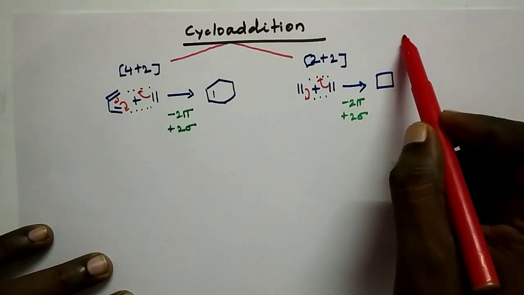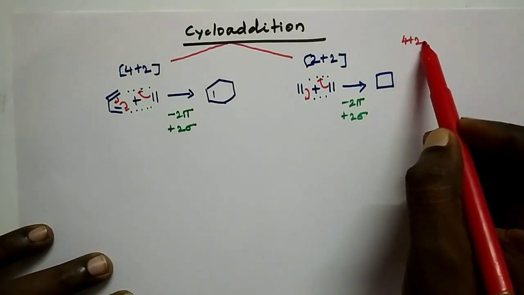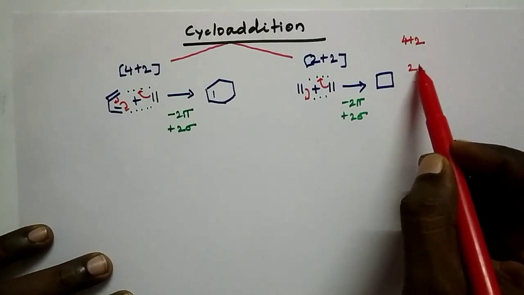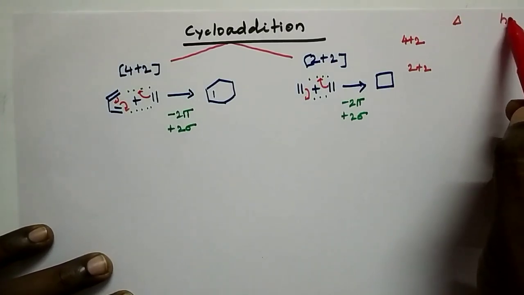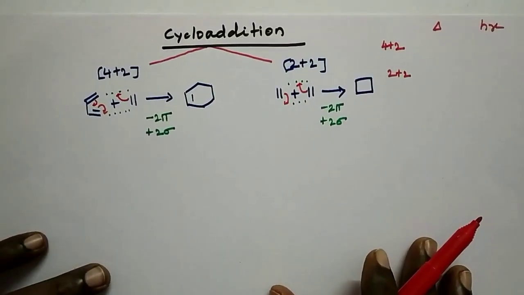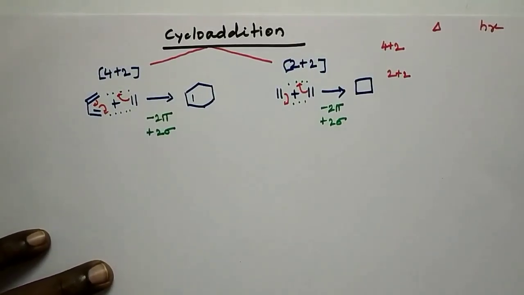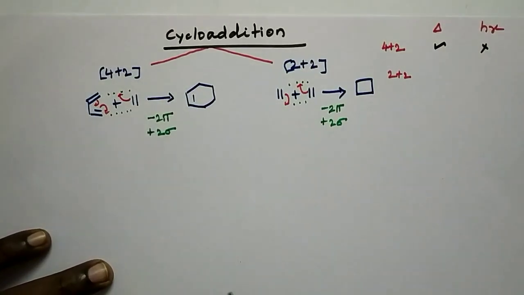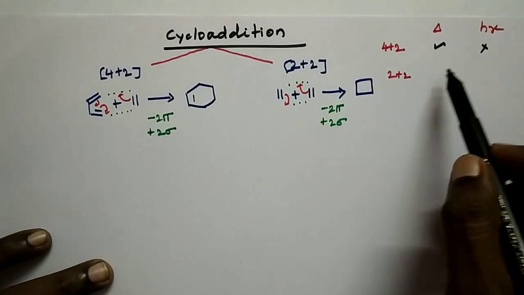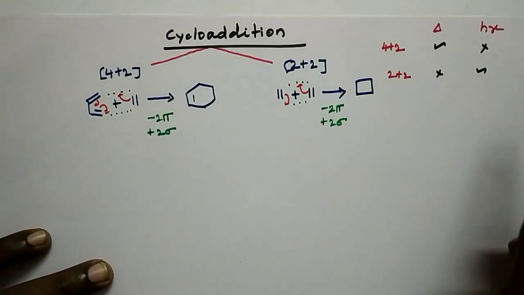4 plus 2, and 2 plus 2, thermally, photochemically. 4 plus 2 reaction is thermally allowed, photochemically forbidden. 2 plus 2 cycloaddition is thermally forbidden, photochemically allowed.